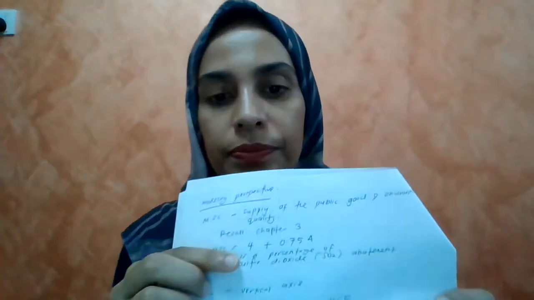Okay, marginal social cost. So kita recall balik dalam chapter 3 ada example dia bagi satu equation of marginal social cost. So marginal social cost is equal to 4 plus 0.75A, which is this one lah.